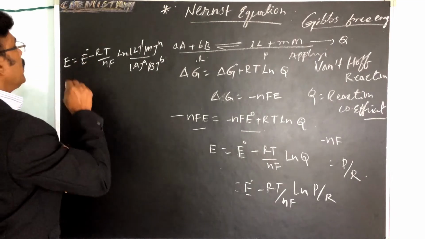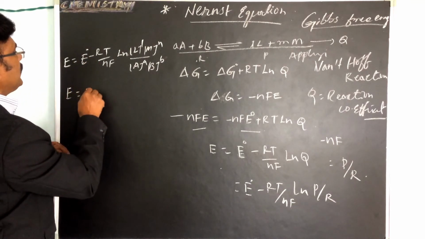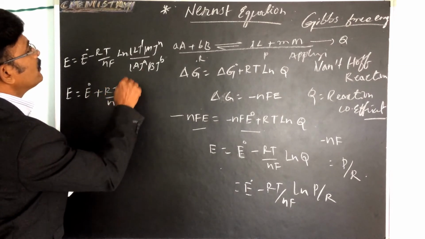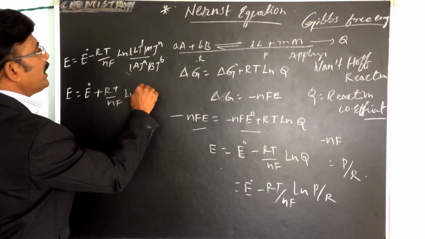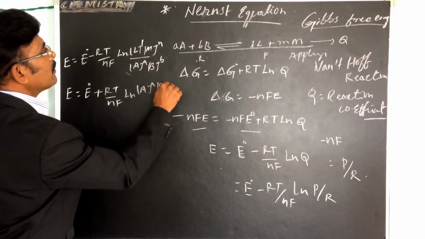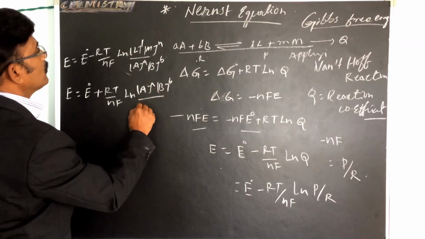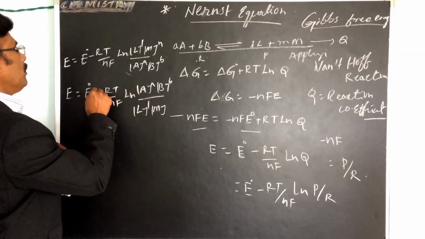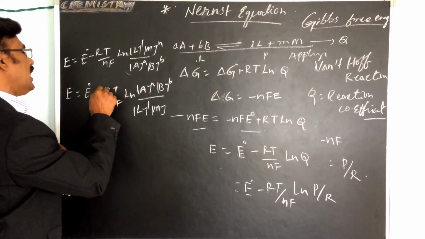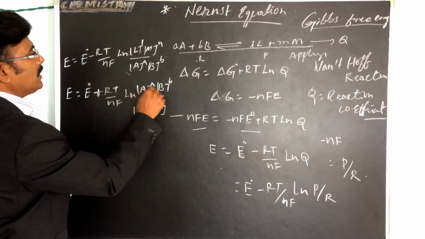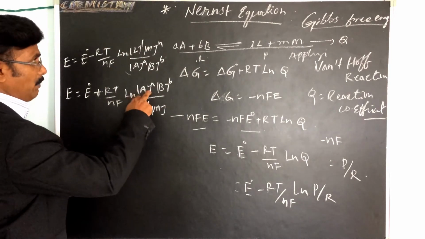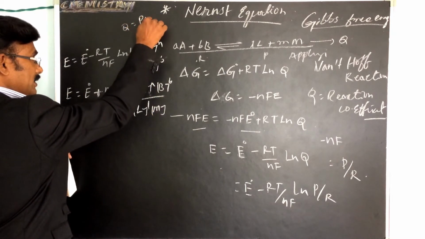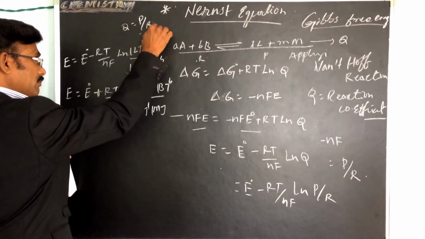So we can write this as E0 plus RT by NF ln of A B by L M. The minus is cancelled by the plus if we write reactant by product. Before that, Q was product by reactant; now Q is reactant by product.